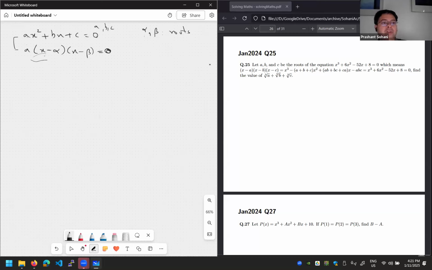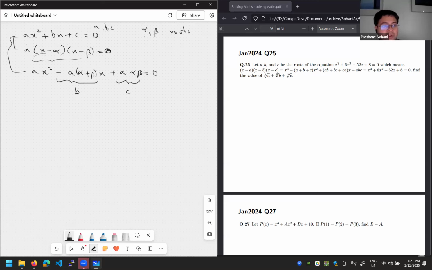So if I expand the bottom one, I'm going to get a times x square minus, if you look at the terms which are contributing to x raised to 1, it will be a times alpha plus beta x, and the constant term is a into alpha beta. Because this is the same as the original one, if I compare the coefficients, this coefficient has to be equal to b, and this coefficient has to be equal to c.